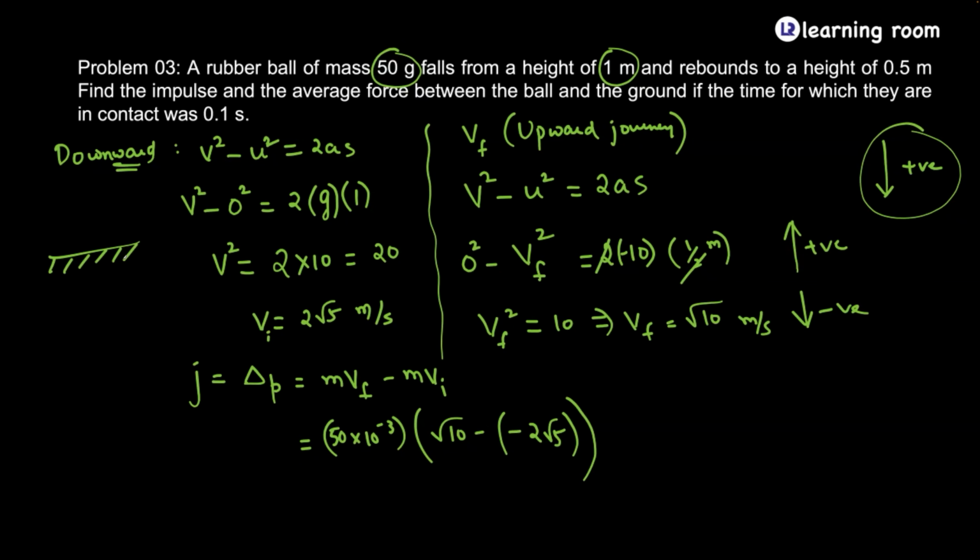After the collision has taken place, the final velocity is in this direction. So if you take upward as positive, then V initial was like this. So downward would have been negative. That is why minus of minus is coming. So you need to be careful with these things. This is where I've seen most of the common mistakes happen. Is the point clear? So this will be equal to 0.05 into square root of 10 plus 2 root 5.